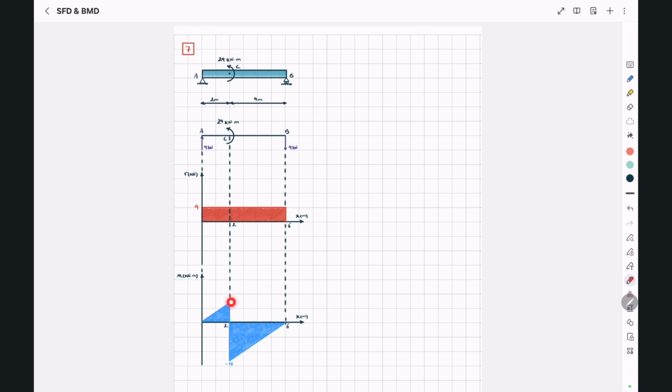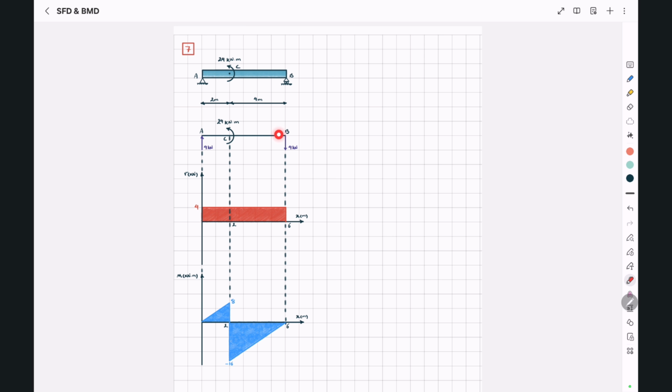And the change in moment was determined by calculating this area, which is 8, and the intensity of shear was constant. So the slope of our moment diagram will be constant. At point C, we have a counterclockwise or negative concentrated moment with a magnitude of 24. So positive 8 minus 24, we're going to have a jump, which will bring us to a moment equal to negative 16.